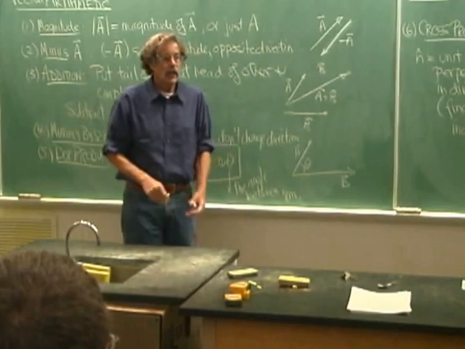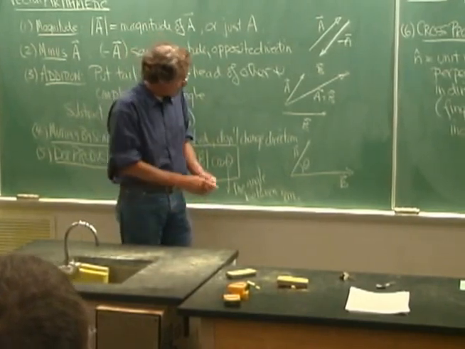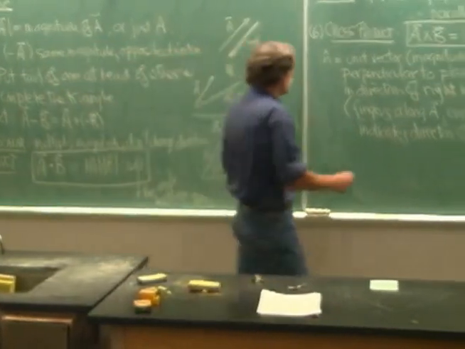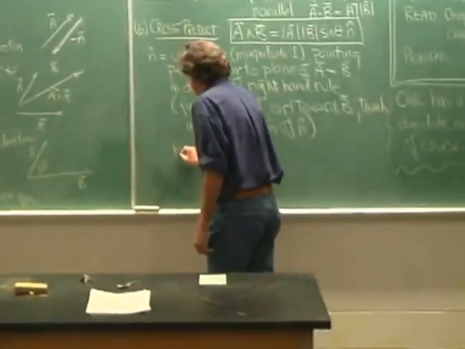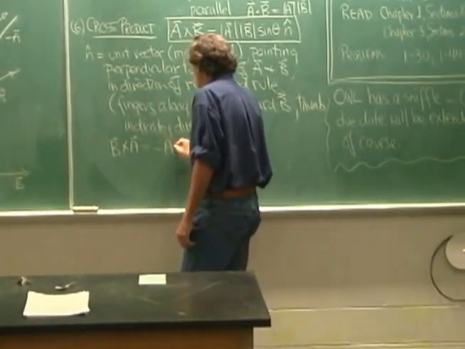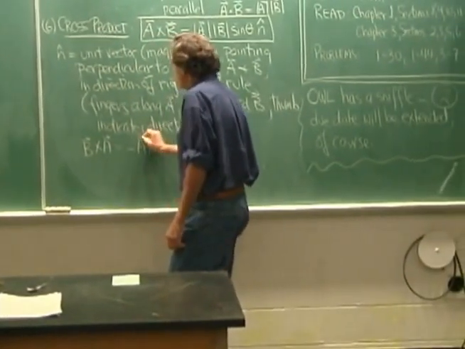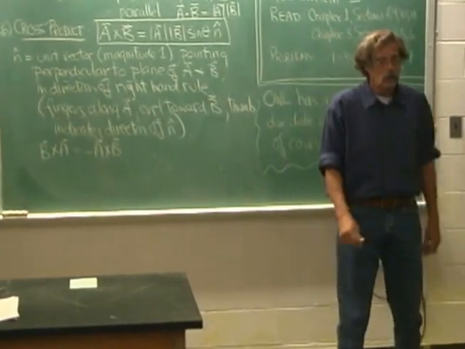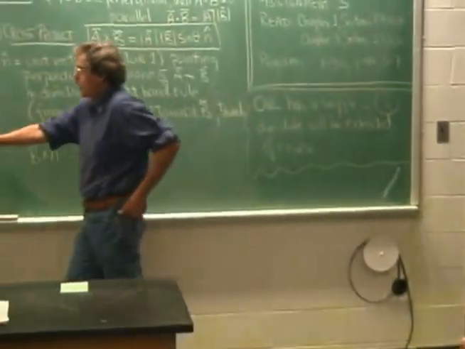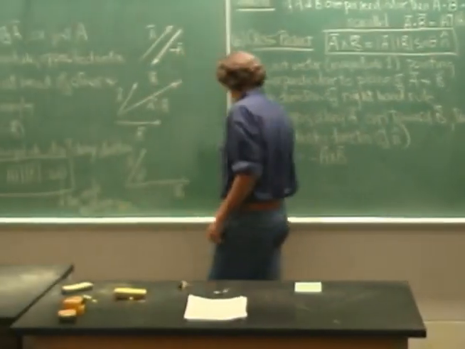How about B cross A? B cross A would be out of the board. It's the other direction, right? So general rule there, then, that B cross A equals minus A cross B. One final point. The dot product is itself a scalar.